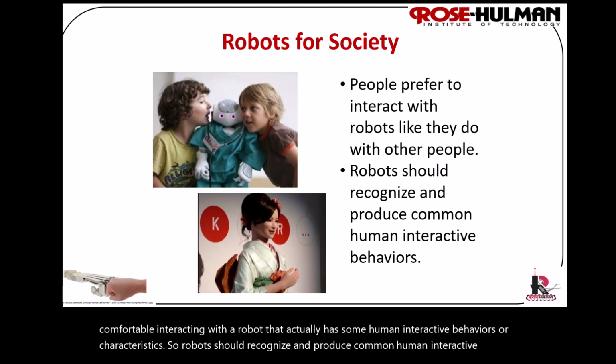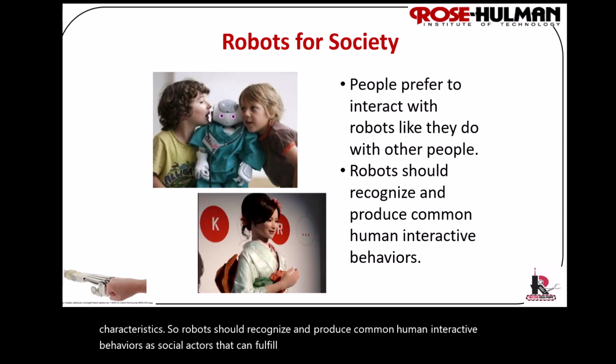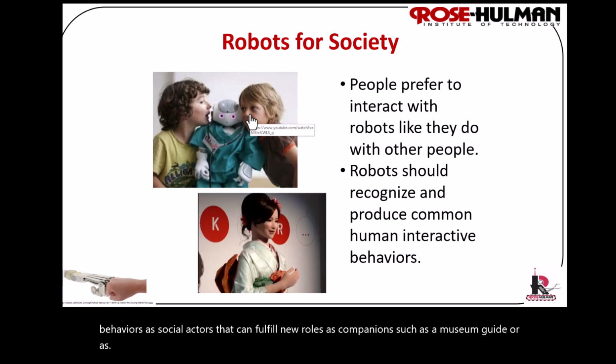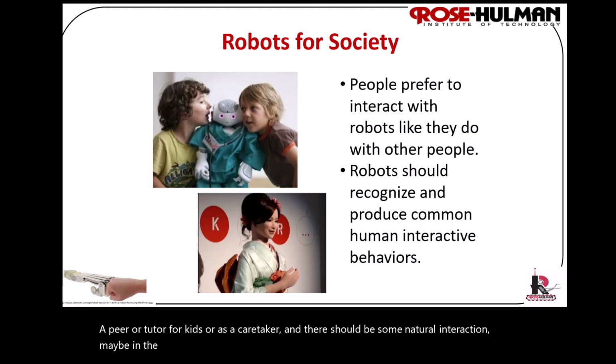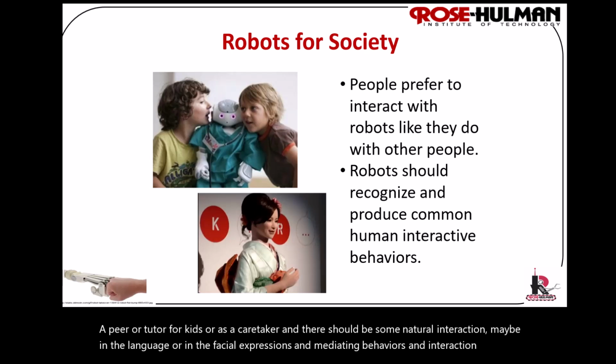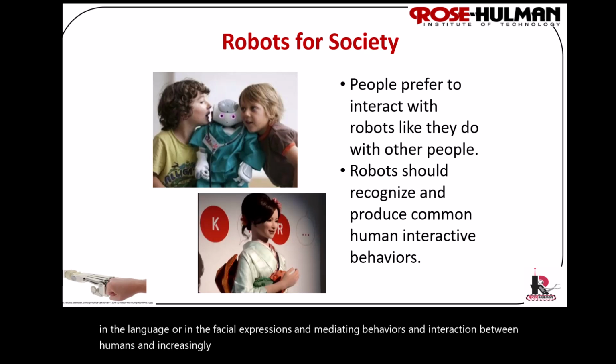As social actors, they can fulfill new roles as companions, such as a museum guide, or as a peer or tutor for kids, or as a caretaker, and there should be some natural interaction, maybe in the language or in the facial expressions, and mediating behaviors and interaction between humans and the increasingly complex socio-technical environments we inhabit.